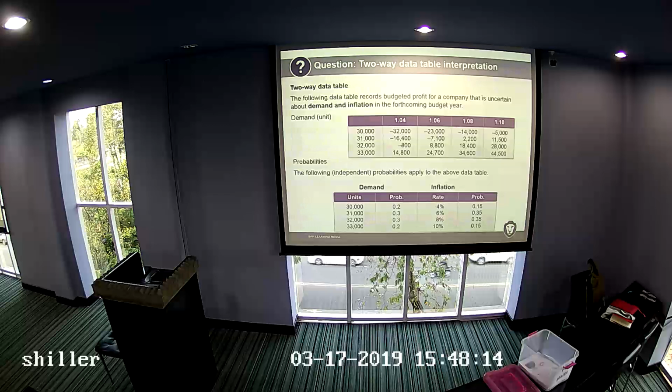So it's a profit and a loss, correct? There's some negative. Again, this is a table recording the profit if these are the demands and these are the inflation rates. However, there are two things. The demand probability are here, and the probability that this inflation will happen is here.